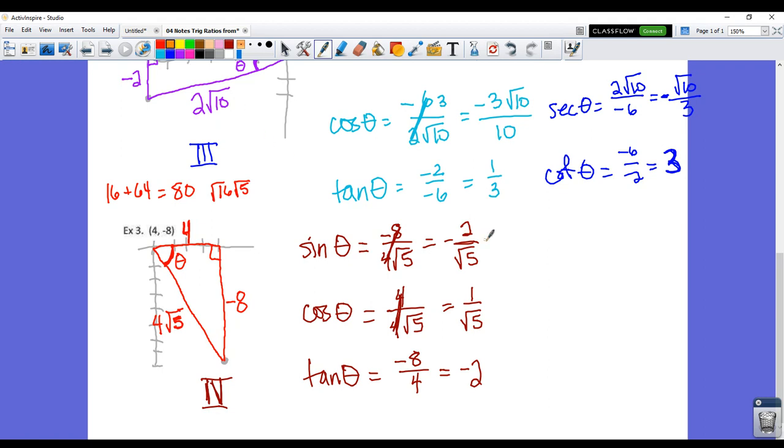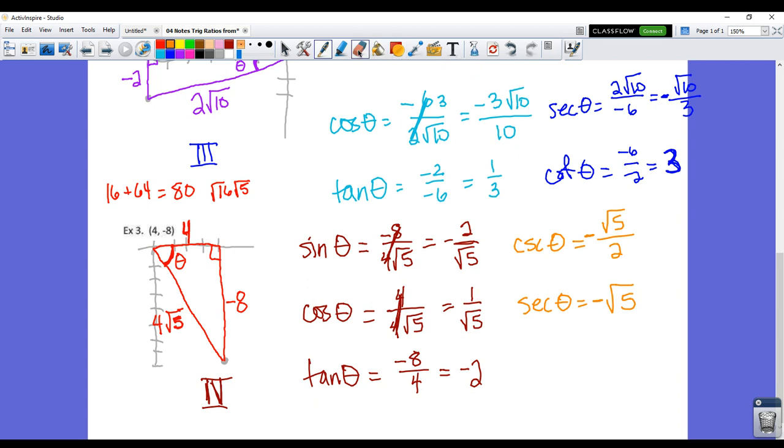So let's do the reciprocals. I'm going to reciprocate this one because it's easiest, I think. So the cosecant of theta is root 5 over 2, and it's negative. We had a negative here, so the cosecant is negative also. The secant is negative root 5 over 1. Oh, sorry, positive root 5.